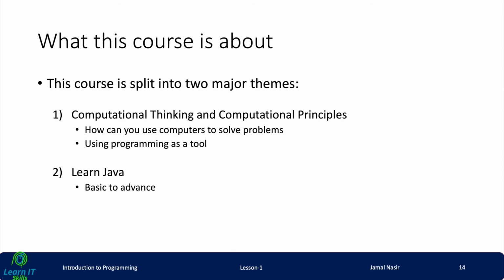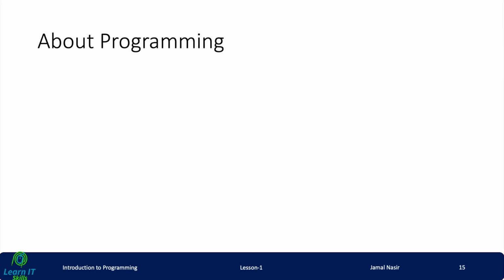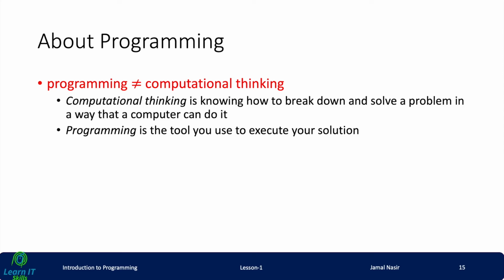As I told you earlier, in this course we would be focusing on two major themes: computational thinking and learning Java as a programming tool. Obviously programming is not equal to computational thinking, right? Computational thinking is knowing how to break down and solve a problem in a way that a computer can do it.